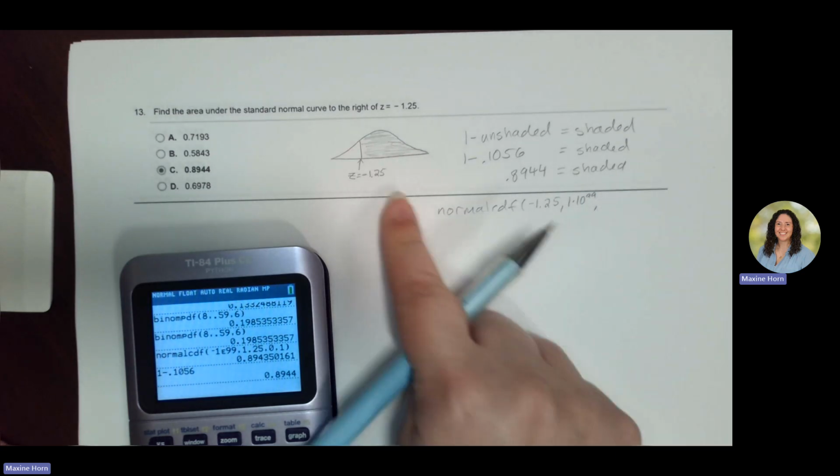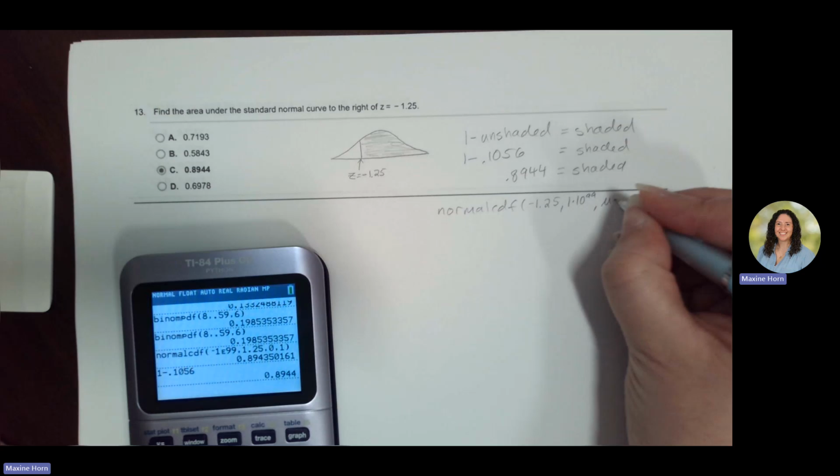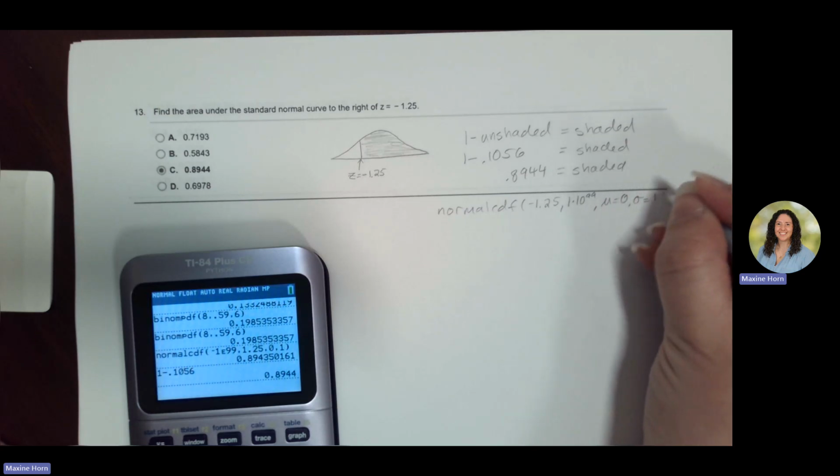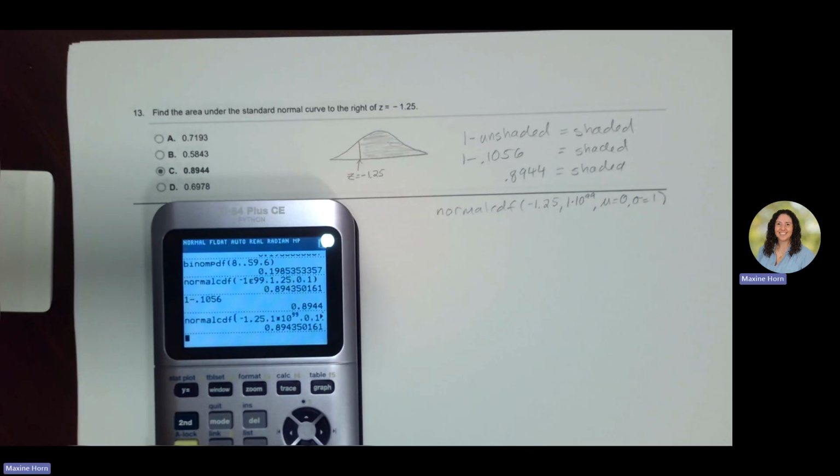My mean, because I have z-scores for my boundaries, my mean is 0 and my standard deviation is 1. So normal CDF, second vars, and I can just press number 2. So I have -1.25. My upper boundary is 1 times 10 to the 99th, and I leave that as 0 and 1. If I take that answer and round it to 4 decimal places, I get 0.8944.